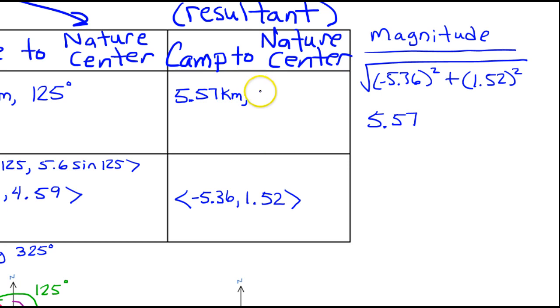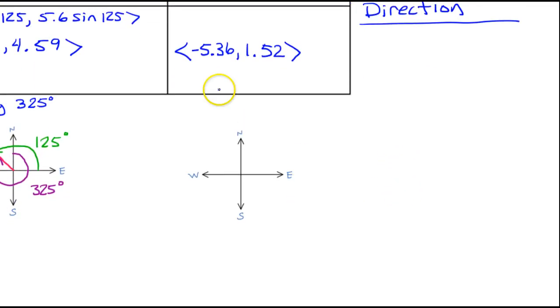Now I need to know the direction. Okay, so let's work on that direction. So again, using the component form, notice that this is left and up, or if you want, west and north. Either way you look at it, this is in the second quadrant. Alright, so I'm just going to draw myself a vector here in the second quadrant.